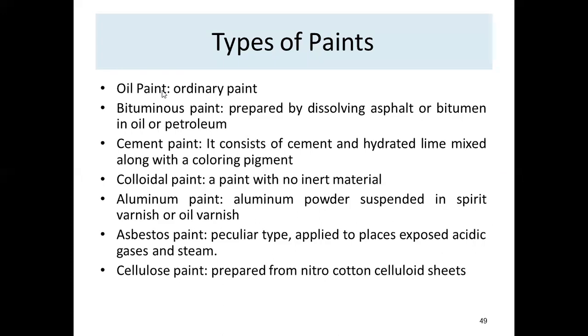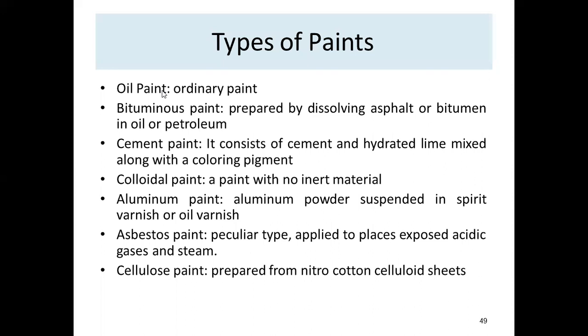At the time of application of oil paint, we have to take due care: whenever there is more humidity or damp weather, we have to avoid application of the oil paint. Basically, we apply oil paint in three coats: first a priming coat, then an undercoat, and a finishing coat.